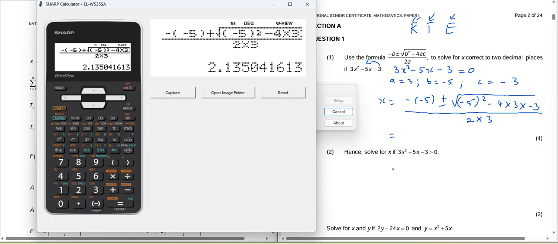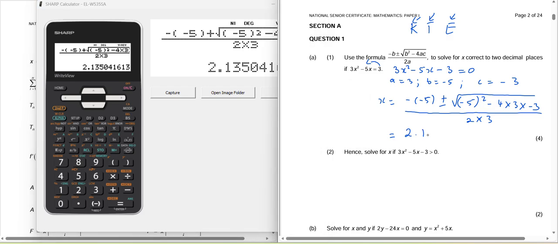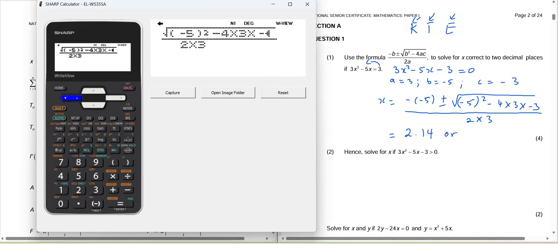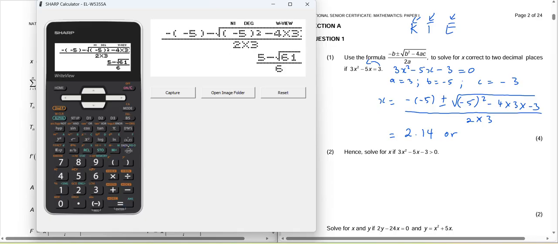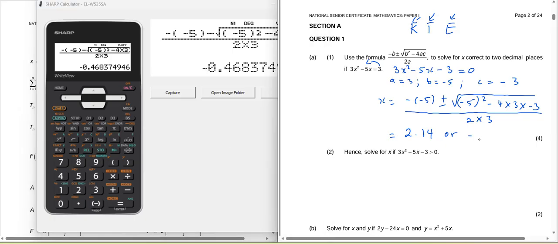We get 2.14 to 2 decimal places, or we are going to change the sign into a negative. This one we delete and then we change it to a negative, or we get minus 0.47. Now we are done with the first problem.